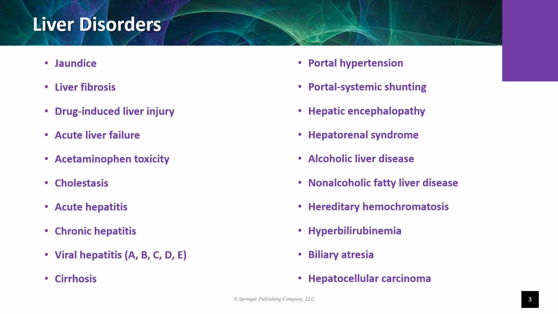It detoxifies or metabolizes drugs and toxins that are ingested orally. It synthesizes and secretes bile acids that are needed for fat digestion and absorption. And it secretes detoxified endogenous and exogenous compounds into the bile so they can become fecal excretion.